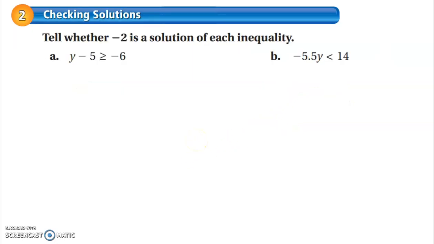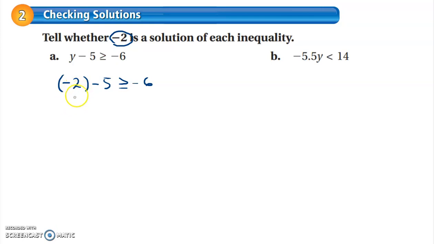All right. To check your solution, tell whether negative 2 is a solution of each inequality. All right, we want to plug in negative 2 and see whether it's true. So let's replace y with negative 2. Negative 2 minus 5 is greater than or equal to negative 6.